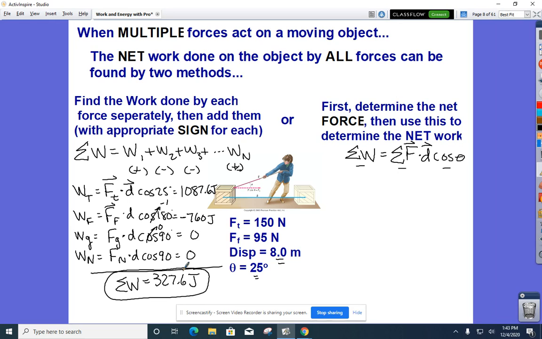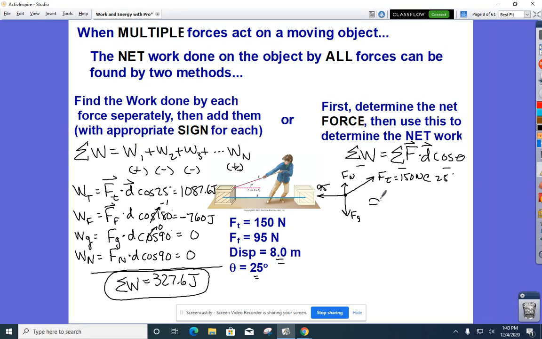Now let's take a look at how we might do this over here. You might find this simpler. Let's first determine the net force. So I have that force of tension, which we said was 150 newtons at 25 degrees. I have the force of friction, which is 95 newtons. I don't know the weight nor the normal force, but I do know that those two things are not going to end up doing any work.